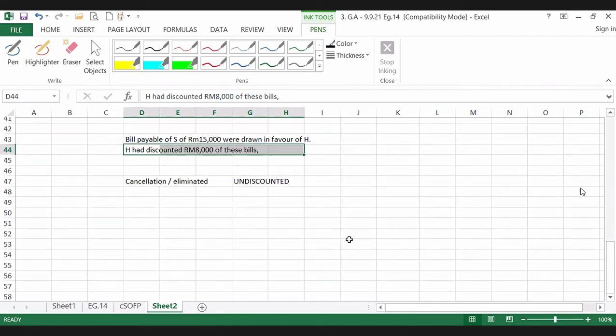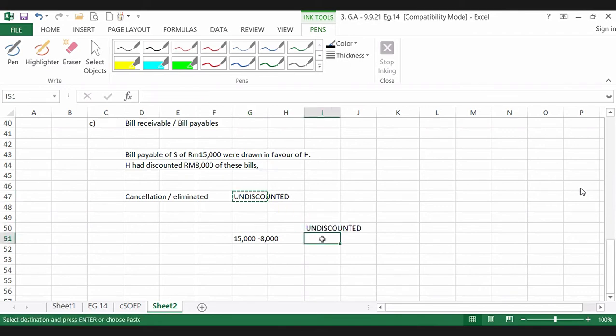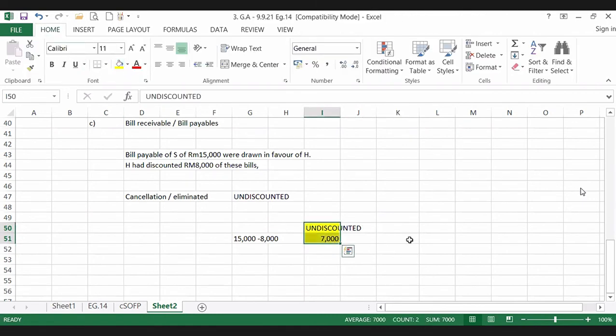So now you got 15,000 full amount related to the holding, and you got discount minus 8,000. So 8,000 is the discounted. So undiscounted here was how many? 7,000. So undiscounted is the amount that you are supposed to eliminate.